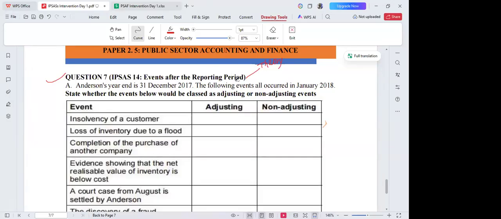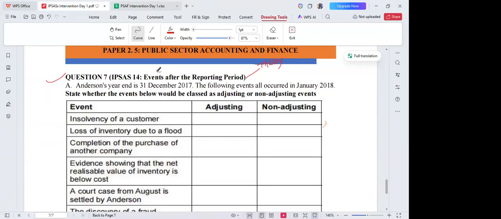Events after reporting date, as you know, are events that occur after the reporting date and before the financial statement is authorized. So before the financial statement is signed. And here we have two main types of events after reporting date: adjusting and non-adjusting events.